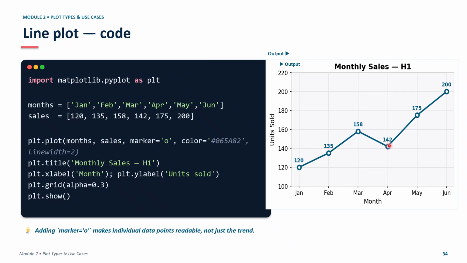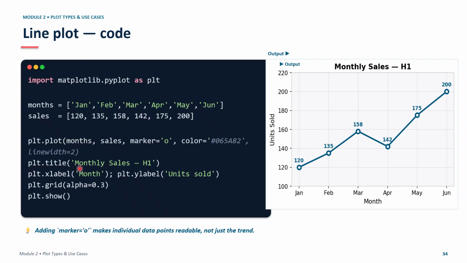So it is going to give us the filled circle, and the color code here is given as hash 065A82. This is a professional dark blue hex color, and the line width is given as 2, which is slightly thicker than the default 1.5, which makes the line more readable.